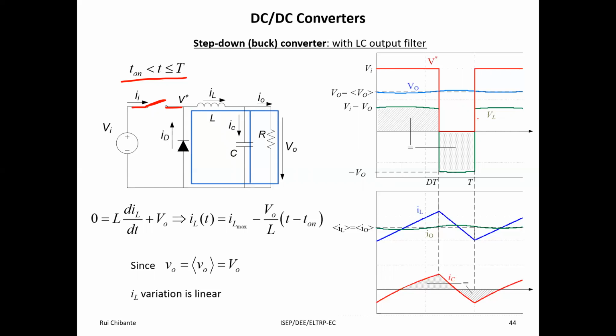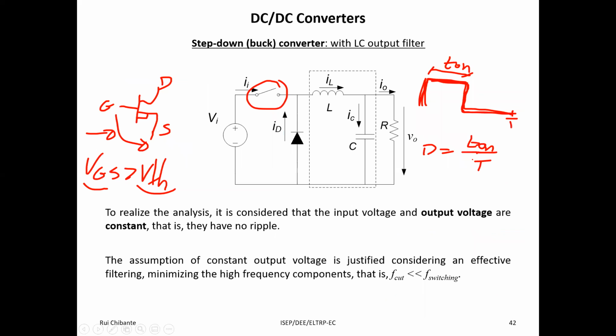We are going to analyze these voltage waveforms and current waveforms. In terms of the temporal axis, we have the period here at this instant, and this other instant where we have this transition I have represented as dt, but dt is T-on, so according to this formula that I recall, d times t is T-on.